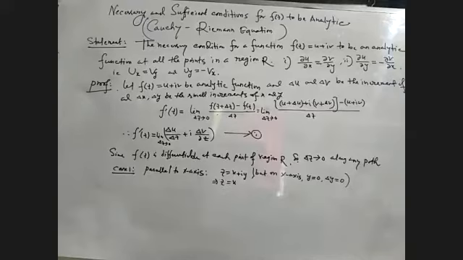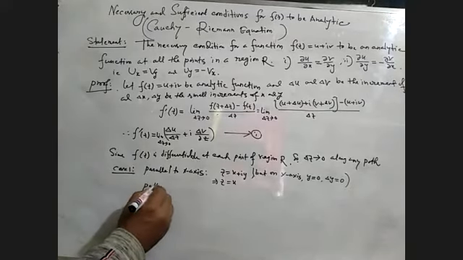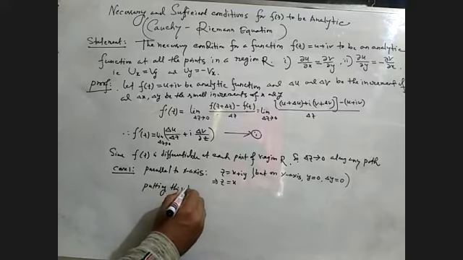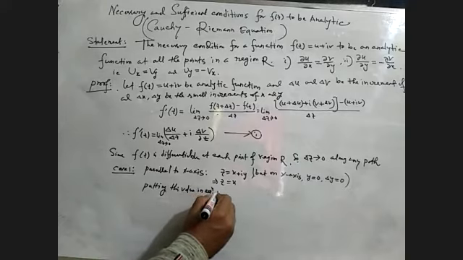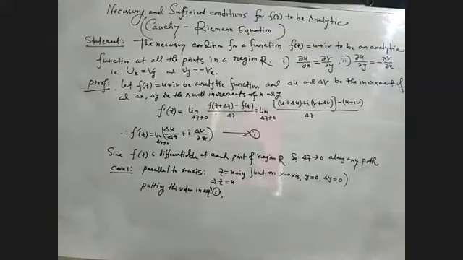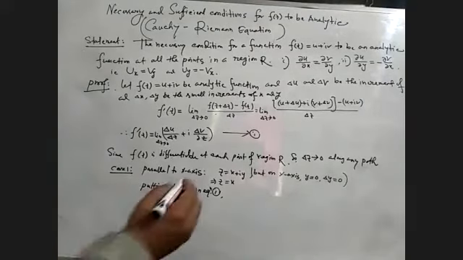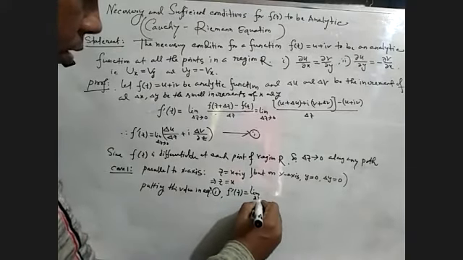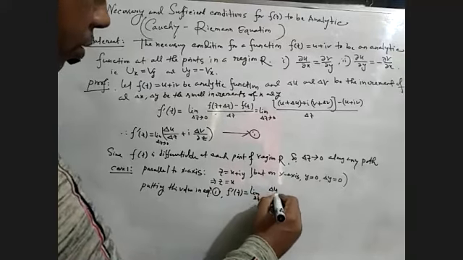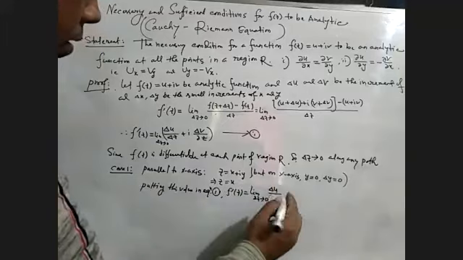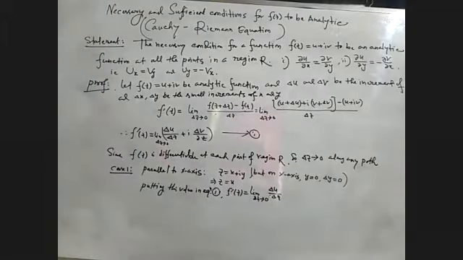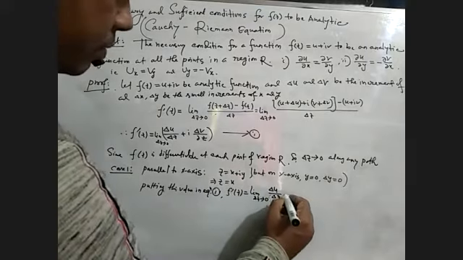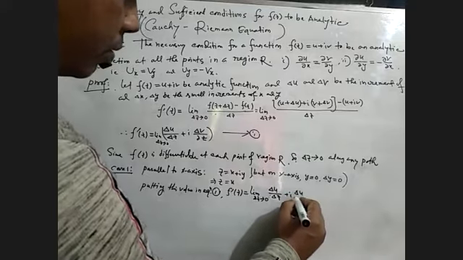So putting these values in equation 1, we get f dash z equals the limit as del z tends to 0 of del u by del z plus i del v by del z.